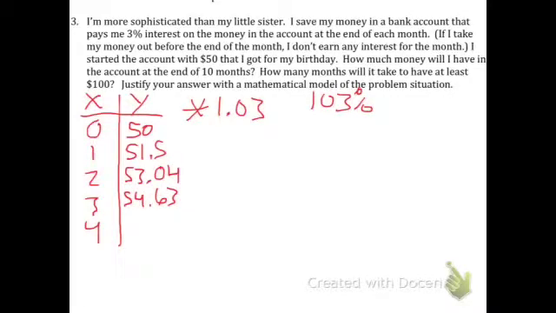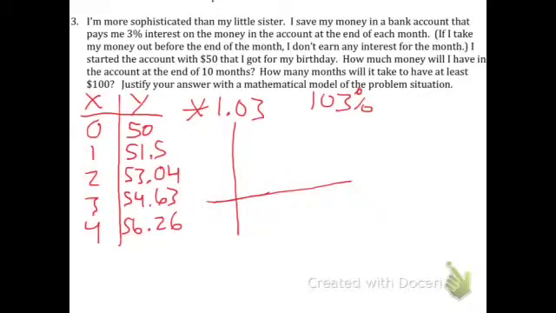And then you're going to take that and times it by 1.03 to get your next value, which is 56.26. Again, I'm rounding down because that's what your bank will do. They're not gonna give you more money than they have to, and so they just round down and keep that little bit of extra, those tenths of a cent there.